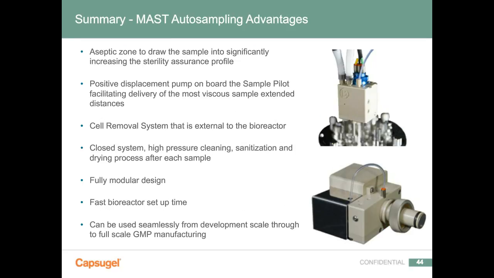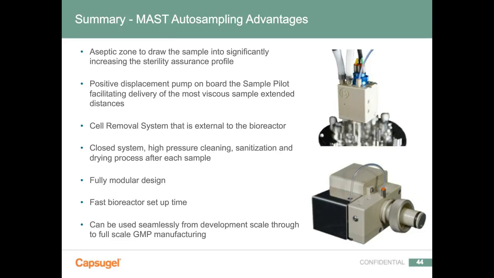So summarizing the advantages of the overall MAST system, you can create an aseptic zone to draw the sample in, which significantly increases the sterility assurance profile of the sampling operation. Having the positive displacement pump on board the sample pilot has demonstrated to be very reliable to get samples to their destinations, even over extended distances.